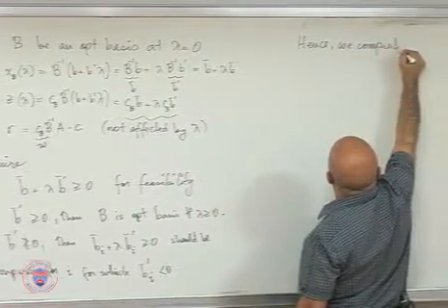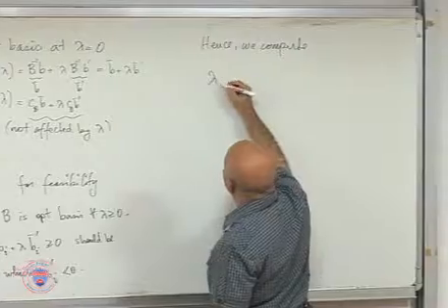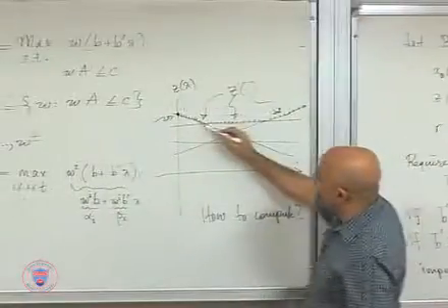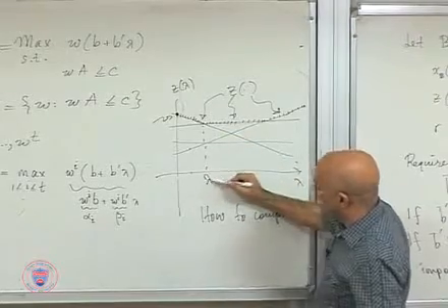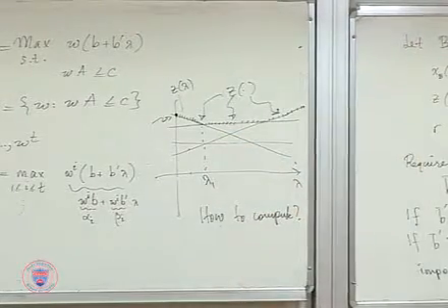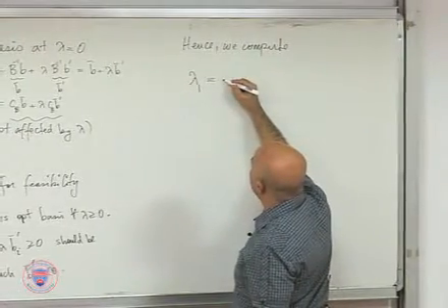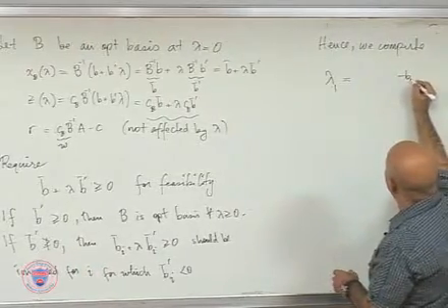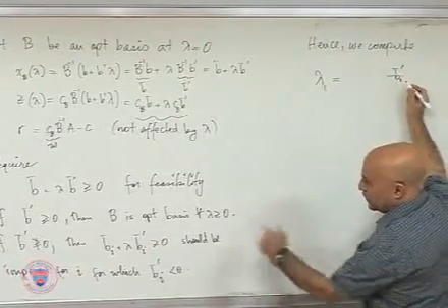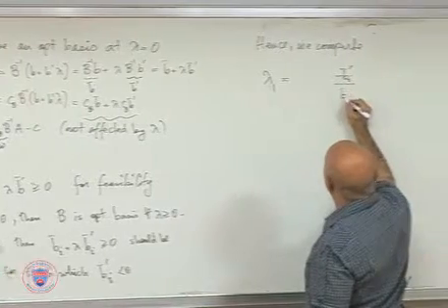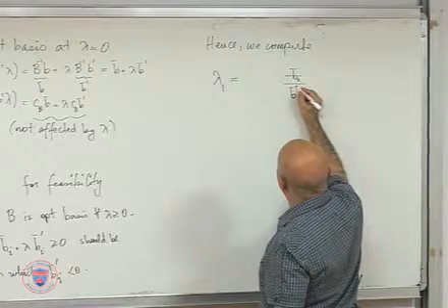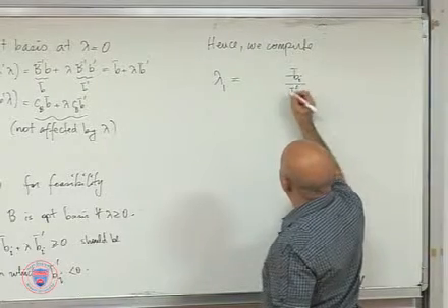So all you have to do is compute, say, lambda 1, which is the first breakpoint here. Lambda 1 is equal to minus Bi bar divided by Bi bar prime.